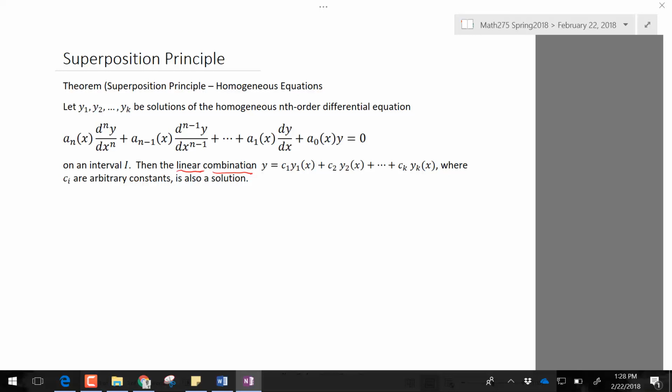Linear combination just means you add them and then you scale or multiply them. So a number times a function, another number times a function, another number times a function. The linear combination of all of those functions, which individually are solutions to your differential equation, if you add them up and then you multiply them by something, then that's also going to be a solution to your differential equation.